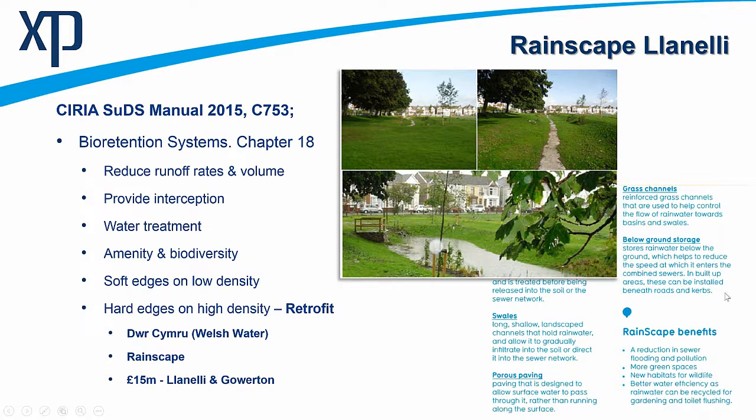But the benefits from the Rainscape projects that they've attributed are a reduction in sewer flooding. So what they've been doing very successfully is taking surface water out of the combined sewers. They've reduced the amount of sewer flooding, and therefore a reduction in pollution coming out of such situations as well.